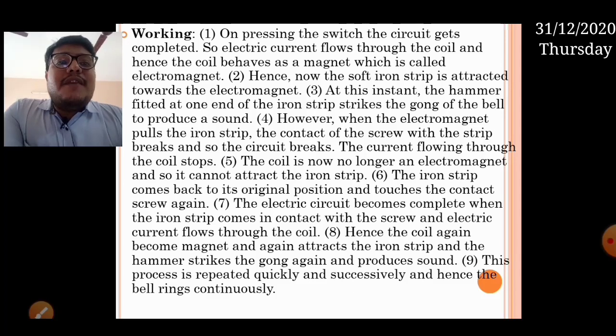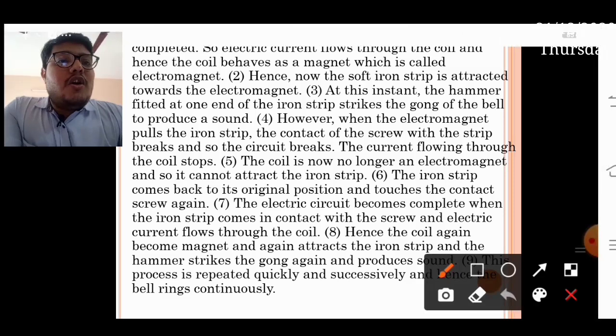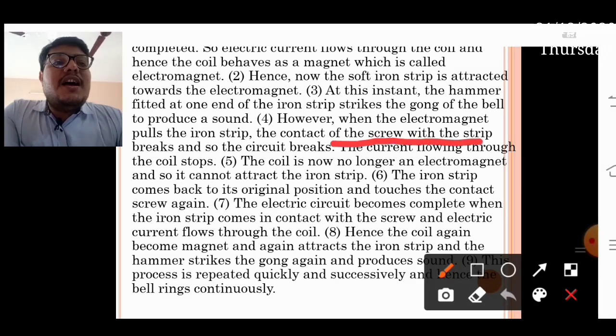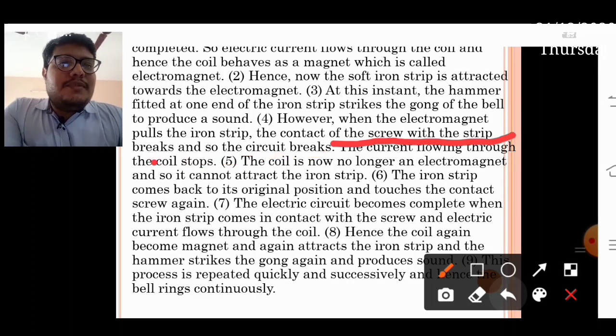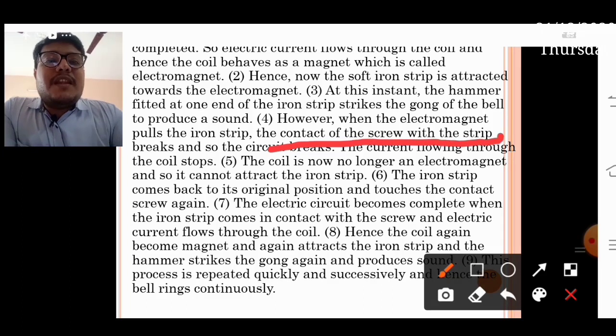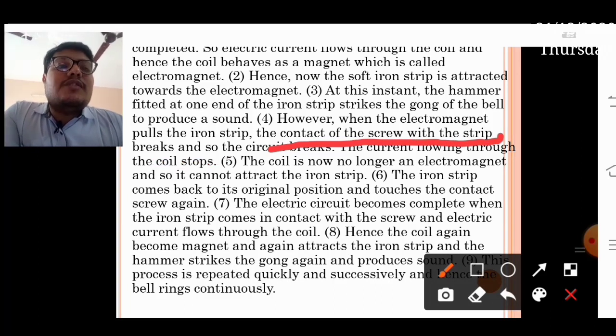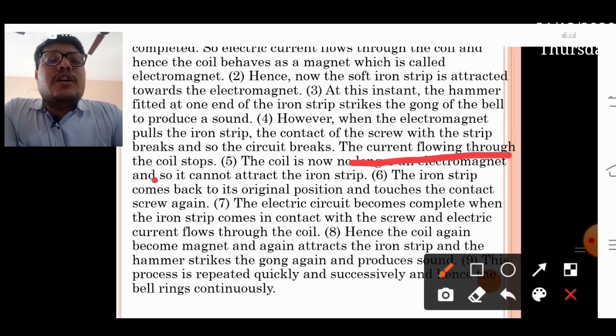However, when the electromagnet pulls the iron strip, the contact of the screw with the strip breaks, and so the circuit breaks, right? What I am saying is, when the strip gets attracted, the contact of the screw with the strip breaks, so the circuit also breaks. The current flowing through the coil stops.